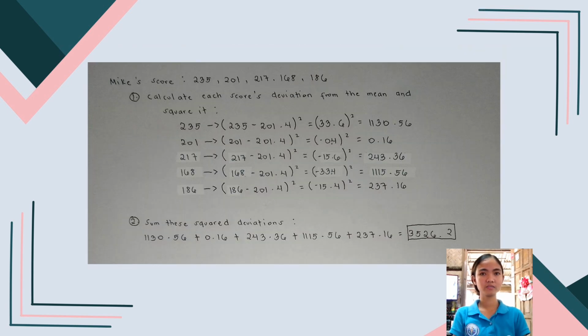So yung kay Mike score naman po is 235, 201, 217, 168, and 186. So dito po sa una is calculate each score's deviation from the mean and square. Yan po, kinalculate lang din siya. Katulad din lang po nung una kay Katie's.